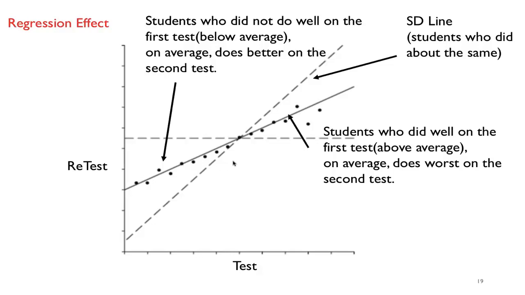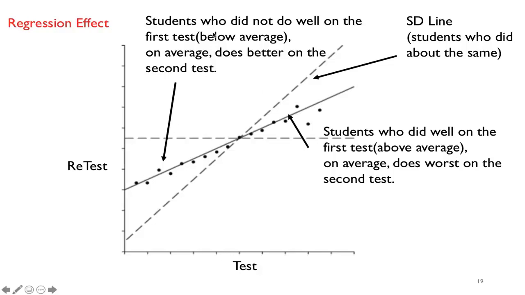Again, if the point is on the SD line, that means they did the same on both the first and the second test. Because if I have a point on the SD line, what that means is that whatever amount they did better on the first test, they did the same amount better on the second test. So that means they did about the same on both tests.